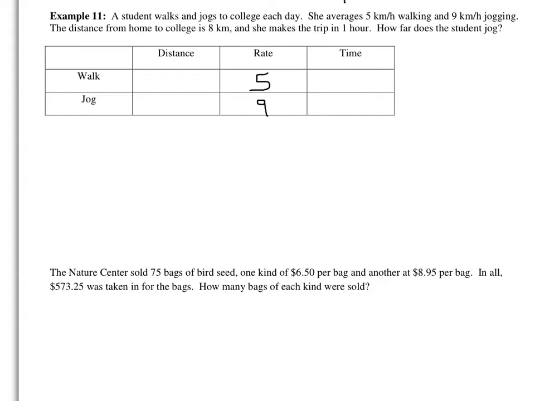So the total distance, she's walking and jogging on her way to college. We don't really know how much of the time she spends walking and how much she spends jogging. But we know the total distance, so we need a third line for our table here. Our total distance is 8 kilometers. The total time is 1 hour.